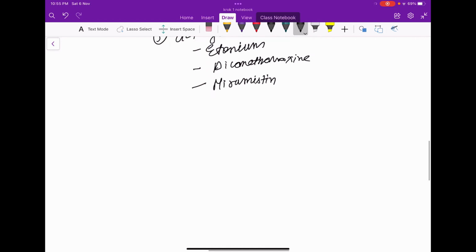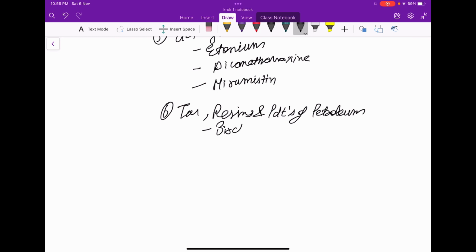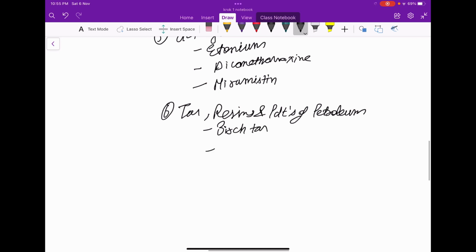Next category is about tar, resins and products of petroleum. It consists of birch tar, second one is ichthyol, third one is Vishnevsky liniment.